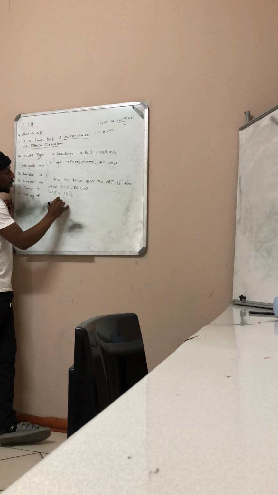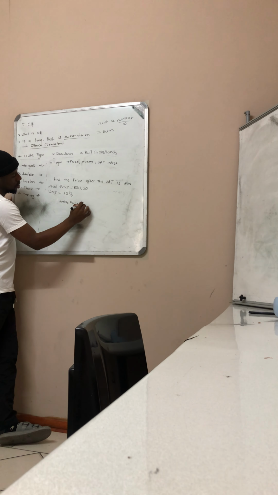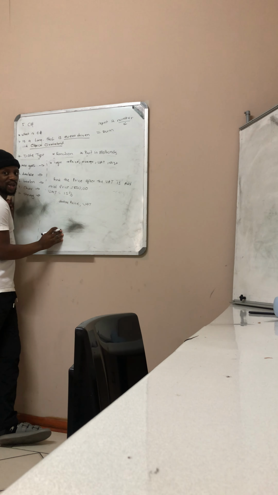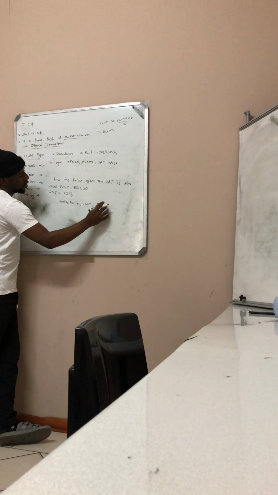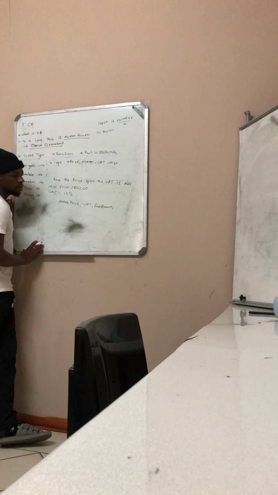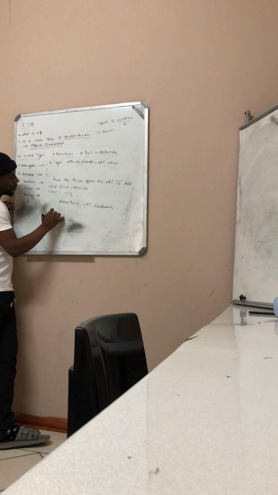So I have to say double price and VAT, and then double final amount, then you close. I'm thinking this one is an advanced thing.